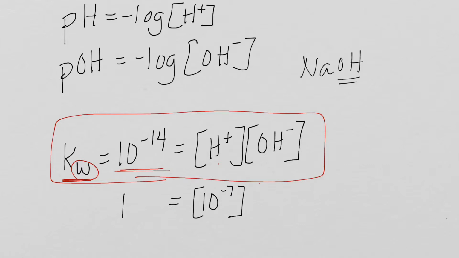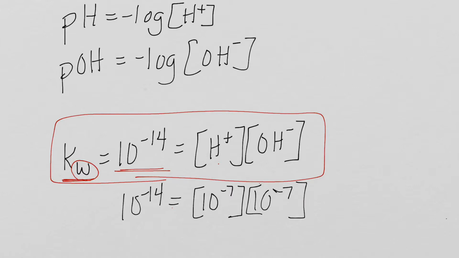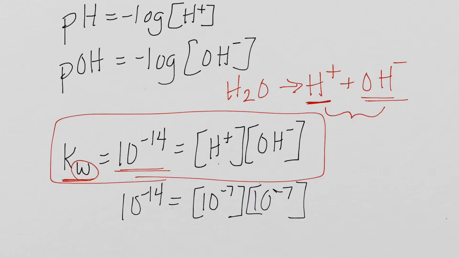And so if this always equals 10 to the negative 14, then that means that the hydroxide ion concentration must also be 10 to the negative 7, which kind of makes sense, because if you look at water in the equation that I just drew earlier, when water dissociates or splits apart, ionizes, I guess I should say, when it ionizes, it's going to create equal numbers of hydrogen and hydroxide ions. So that kind of makes sense as to why each of them would be an equal value.